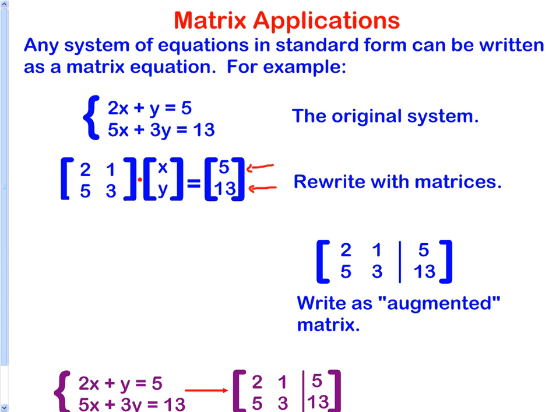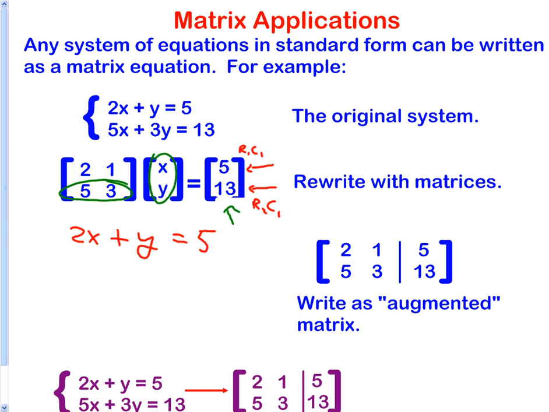Then, if I actually multiply this out, watch what happens. This is row 1, column 1, right? And this is row 2, column 1. Row 1, column 1, here's row 1, here's column 1. Multiply them out. What do you get? 2x plus y. And it equals that, because that's where it's supposed to go, right? Equals 5. Do you get that? All right, and then I can change to a different color marker and do the other one right here. And that one comes from row 2, column 1.